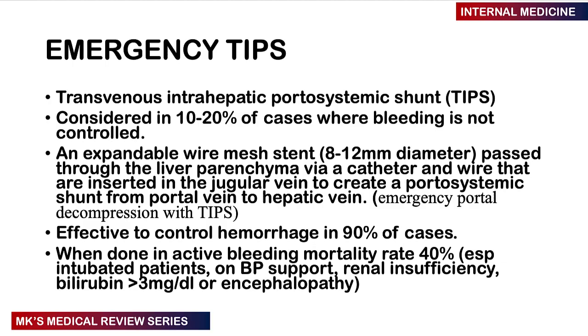But often we consider it in about 10 to 20% of the cases where the bleeding is not controlled. You can perform an emergency TIPS procedure, what is known as emergency portal decompression with TIPS. Generally they get a stent, which is about 8 to 12 millimeters in diameter. Then they'll pass it through the liver parenchyma via a catheter.